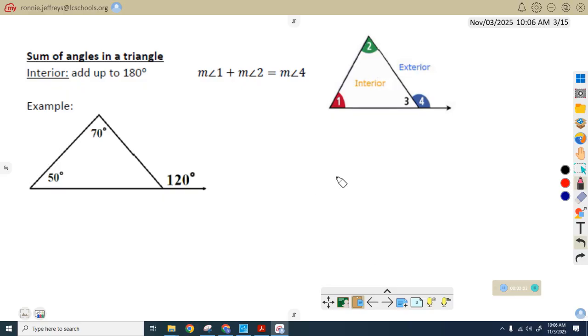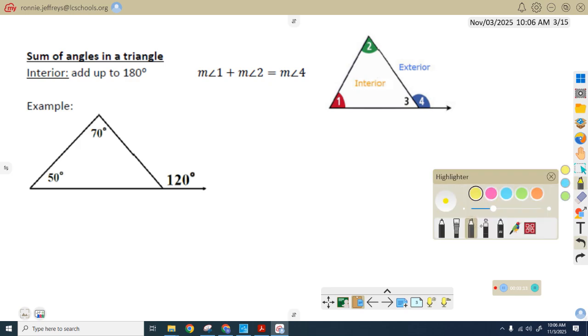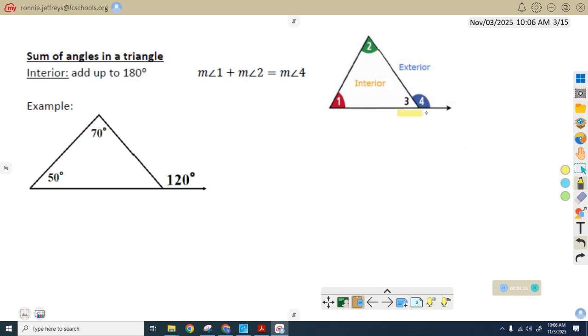Alright. So just a reminder, interior angles all add up to 180. Also, if we happen to have this little extra appendage right here, that angle is the same thing as these two added together.